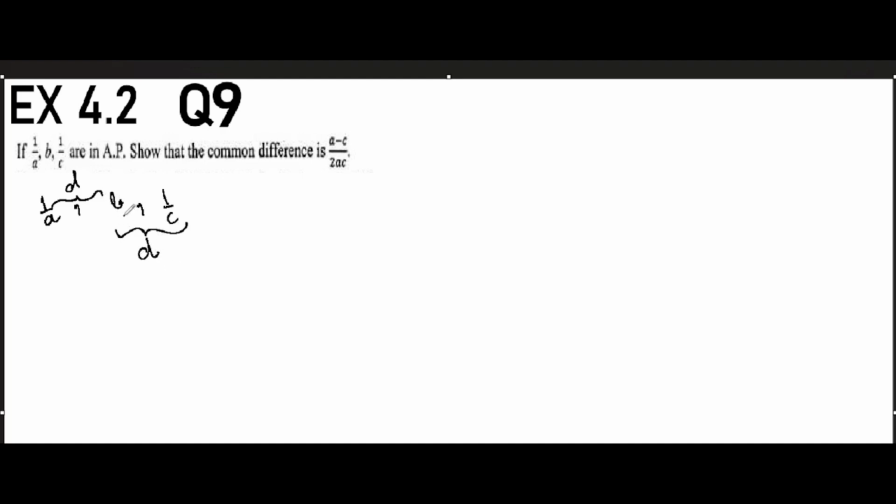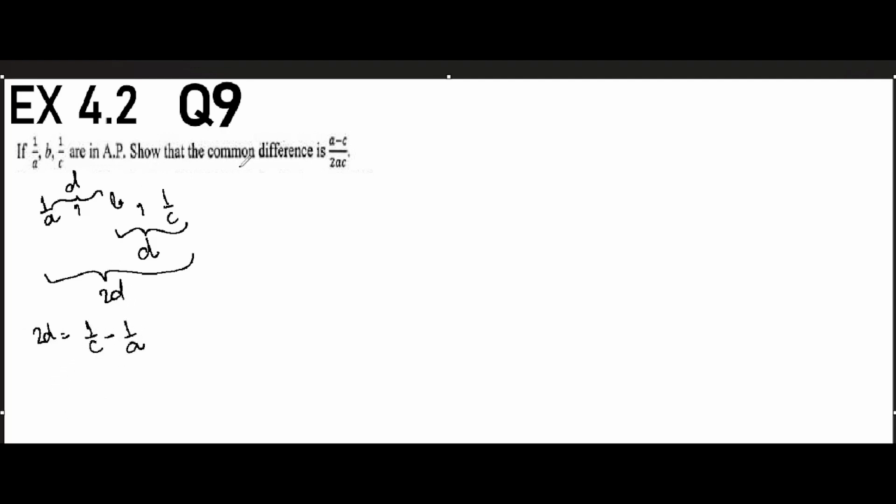So we can also say that this difference plus this difference make up 2d. This term minus this term gives us 2d. So 2d equals 1/C minus 1/A.